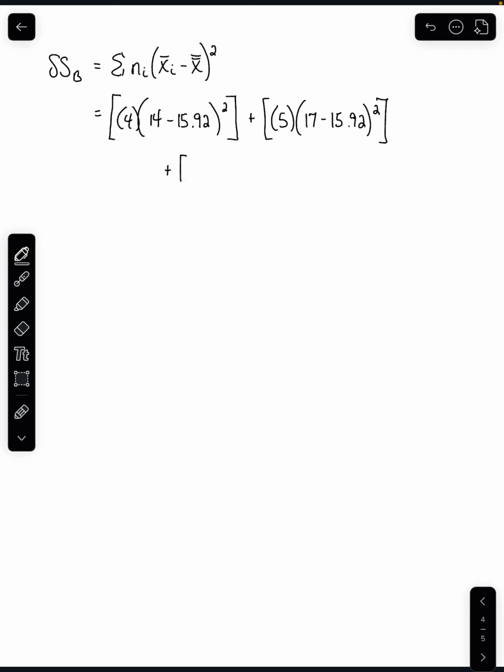And then for the third sample, that had 4 data values and a sample mean of 16.5 minus the grand mean of 15.92 squared. All told, this is going to come out to be approximately 21.92. That is our sum of squares between.